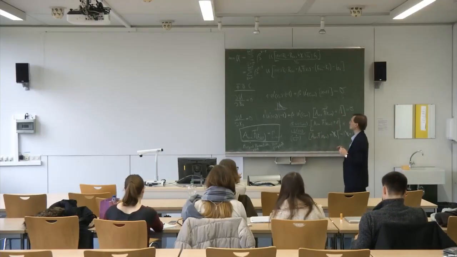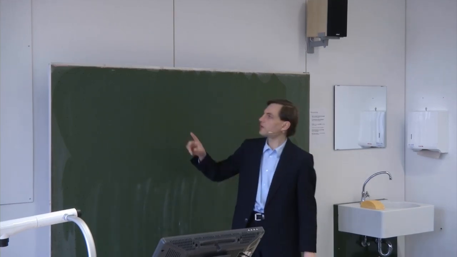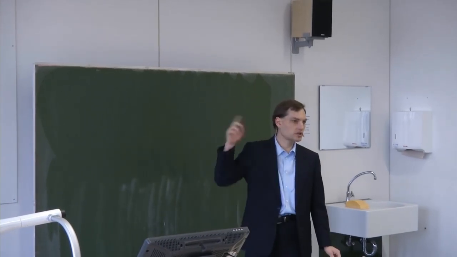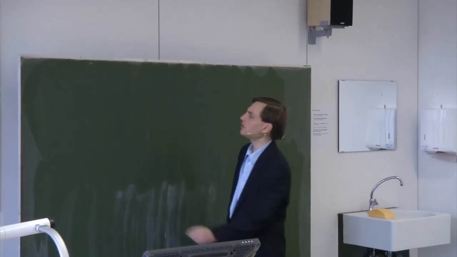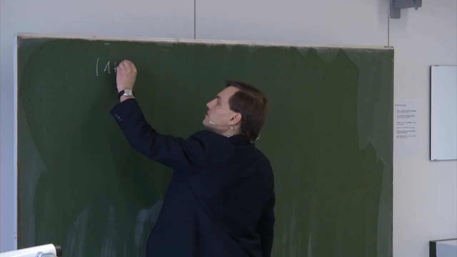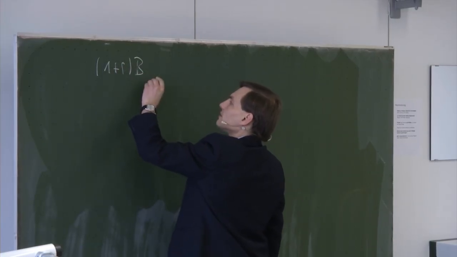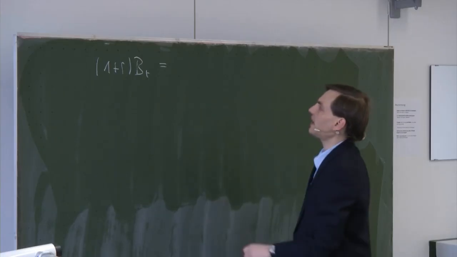Okay, so now what I'm going to do, I once again write down my budget constraint, which we derived already. I think it was my equation 2 or so. And the budget constraint we derived was 1 plus R times the net foreign assets in period T on the left-hand side.